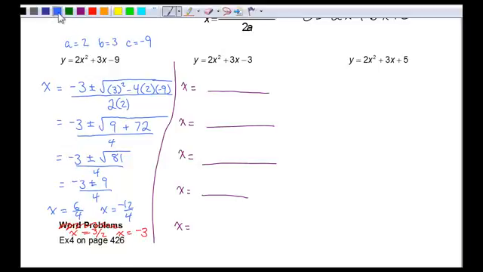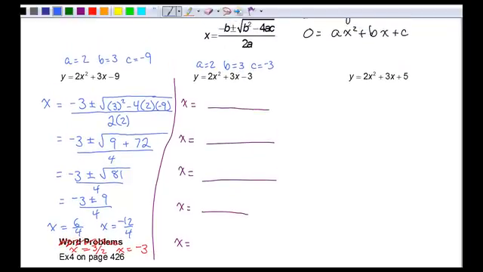Okay, let's take a look at the second example now, where we have a is equal to 2, b is equal to 3, and c is equal to negative 3. So if we use the formula, let's just scroll down so we can see it. We'll take the opposite of b, so negative 3 plus or minus the square root of b squared minus 4ac.